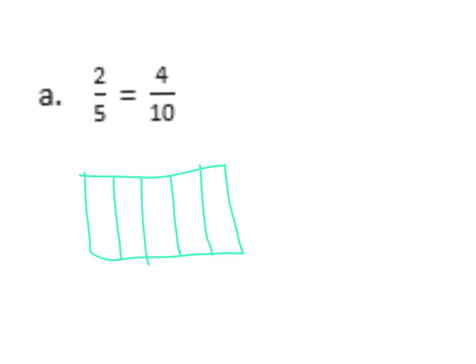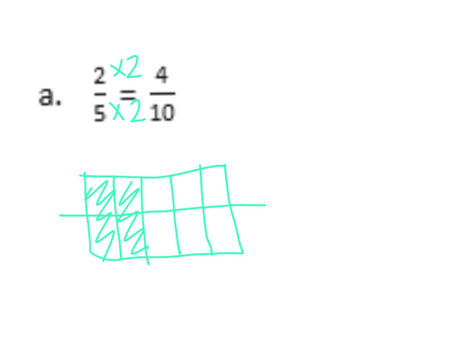Then we are going to shade in 2 of those 5 pieces. Now think about, what do we have to multiply 2/5 by in order to get 4/10? The answer is 2. So we need to draw one less line in our model, which would be 1, to show that we have now 4/10.